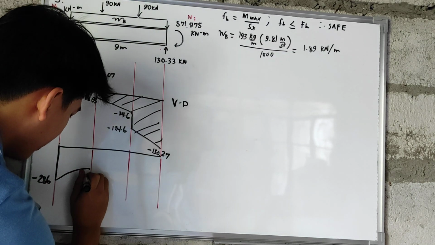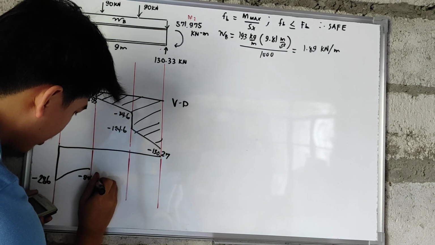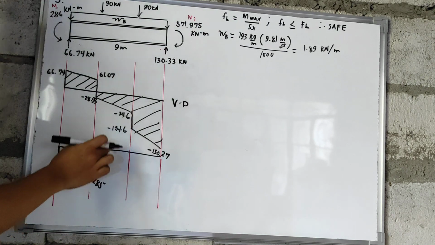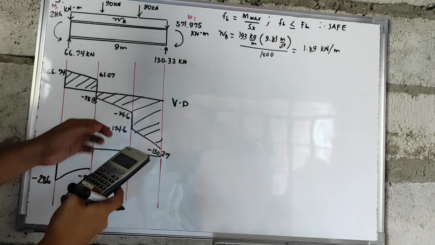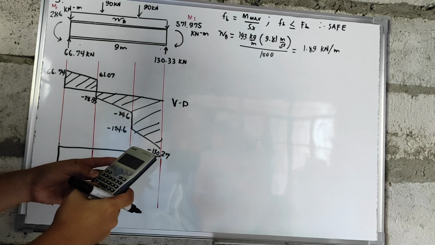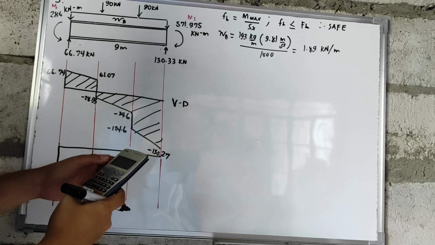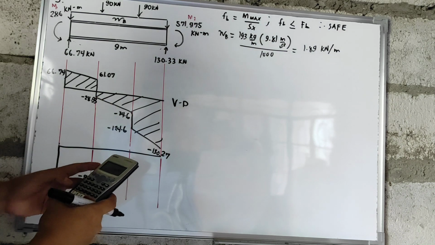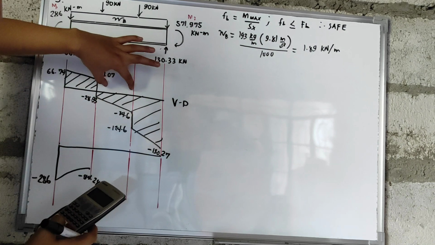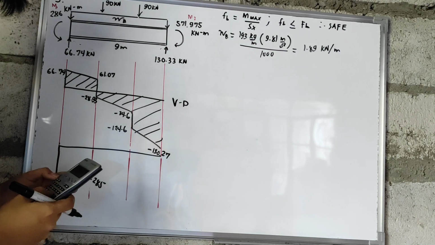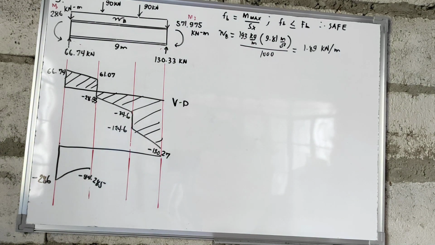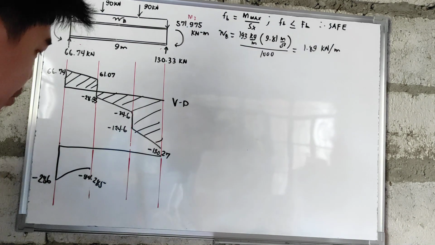That is negative 94.285. Tapos, meron pa rin tayong negative dito. So that is minus, since trapezoid diyan, 28.93 plus natin itong 34.6 divided by 2 multiplied by yung height niya, which is equal to 3. That will become negative 189.58.